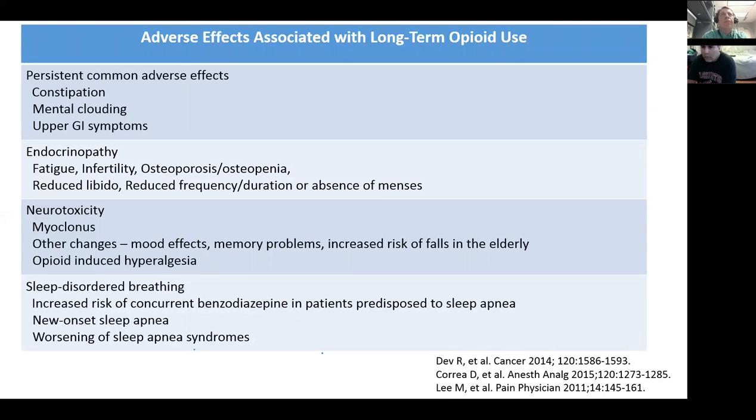So, like I said, adverse events, I think, is something that our clinical medical oncology colleagues sometimes forget about. Had a patient admitted to the hospital yesterday that we had been following in the clinic, but had been seen most recently in the medical oncology clinic.